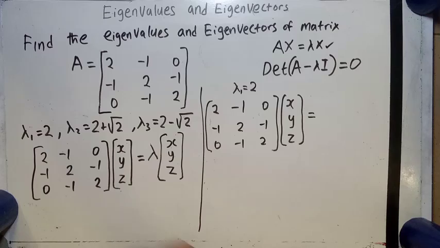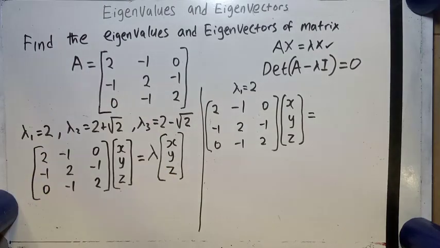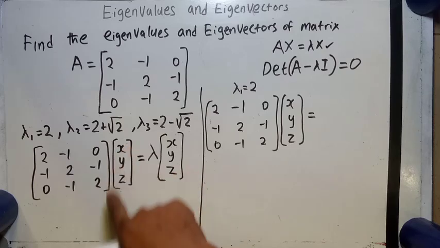So the dimension of your A determines the number of eigenvalues and eigenvectors you're going to be having. So it determines the number of variables you're going to be having.